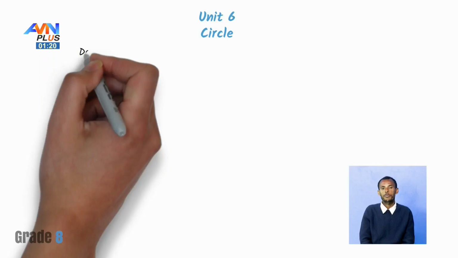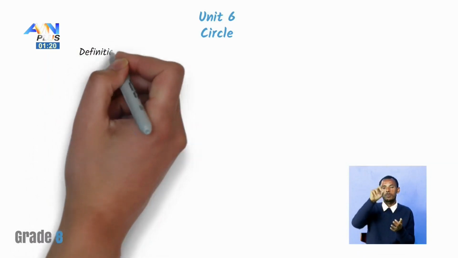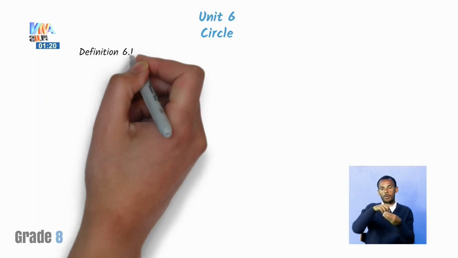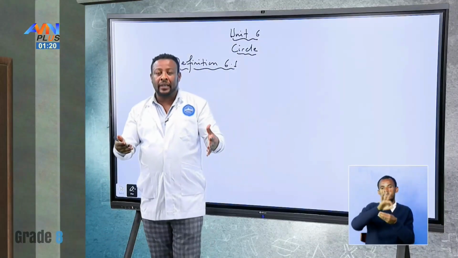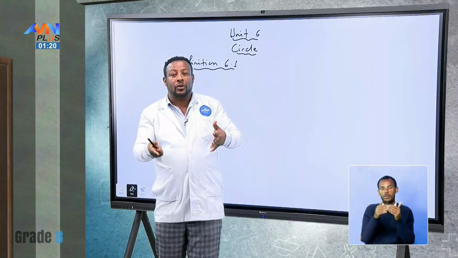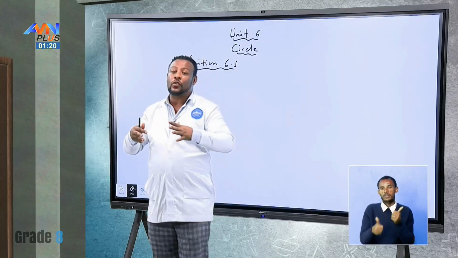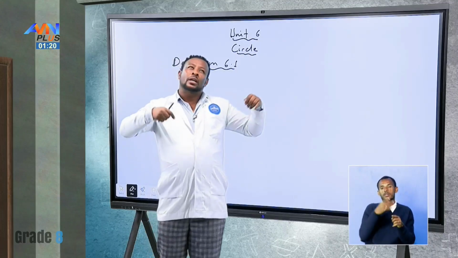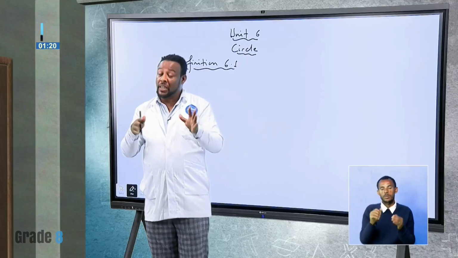Definition 6.1 is about the definition of a circle. We define a circle like a collection of points which are equidistant from a fixed point, or sometimes we call it a locus of points which are equidistant from a certain fixed point.